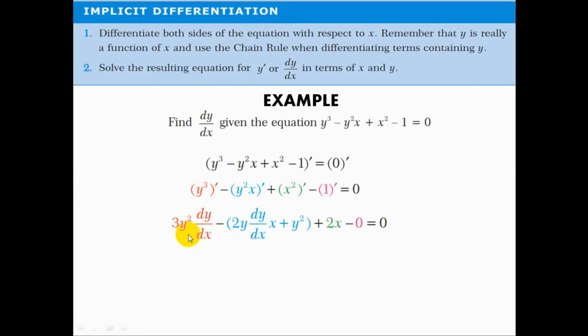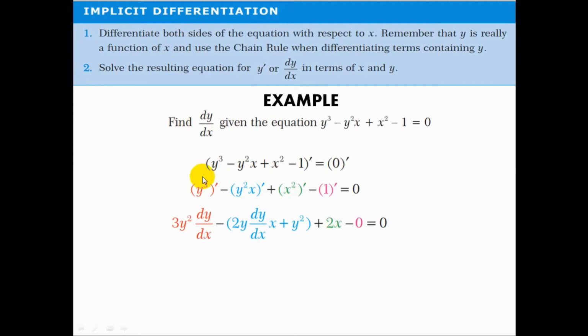Next, we differentiate y squared times x. Because it contains two variables, we use the product rule: u prime times v plus u times v prime.